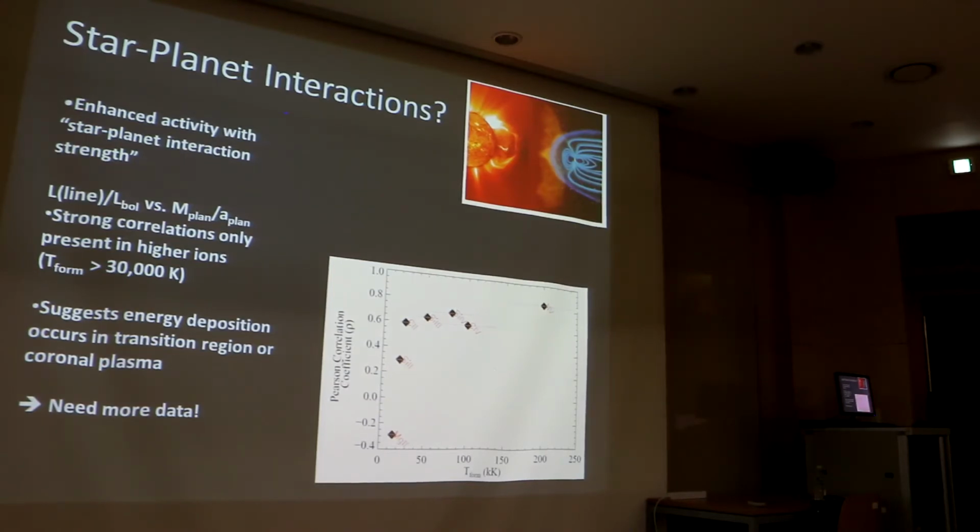Any other questions? Yes, I have two questions. The first one: is there any binary star with an exoplanet in a habitable zone? It's certainly possible.